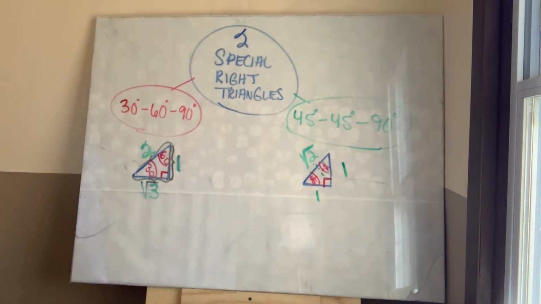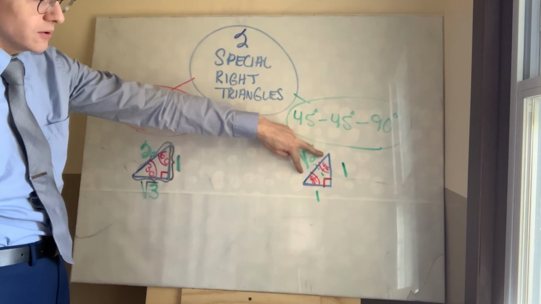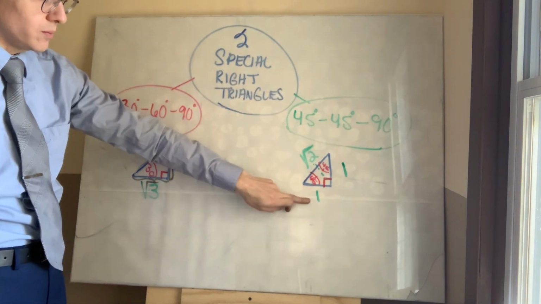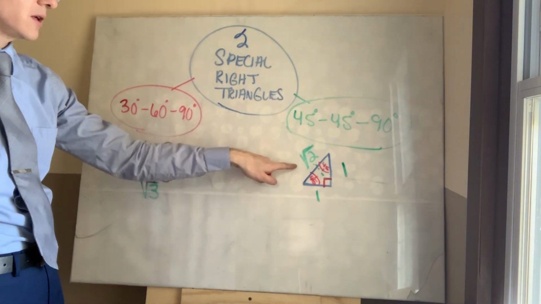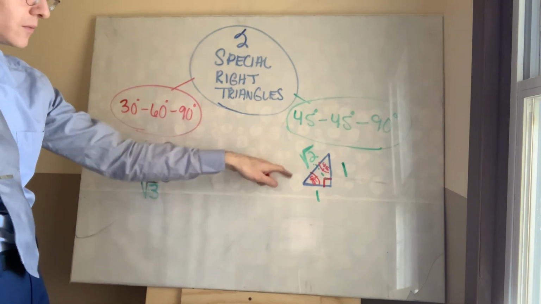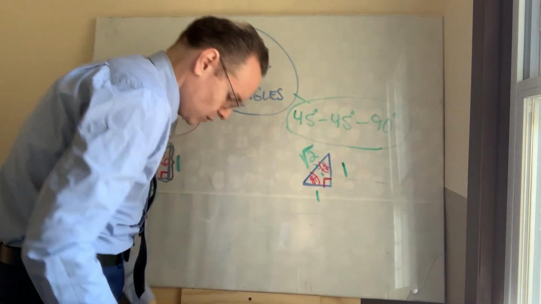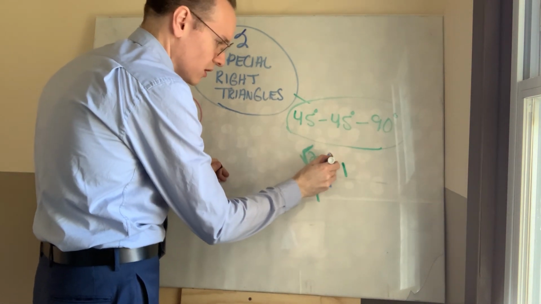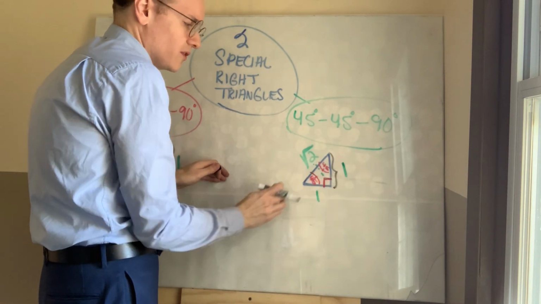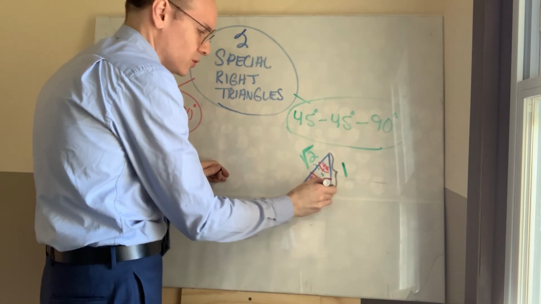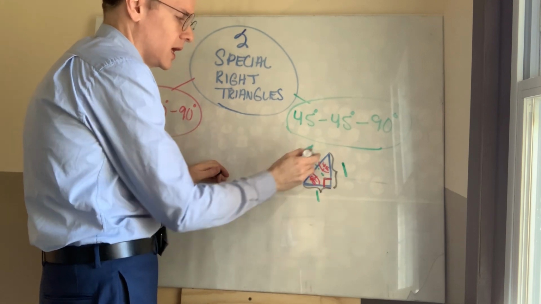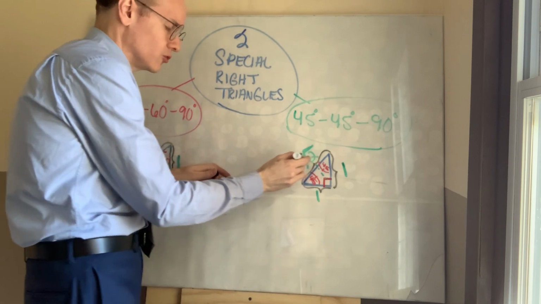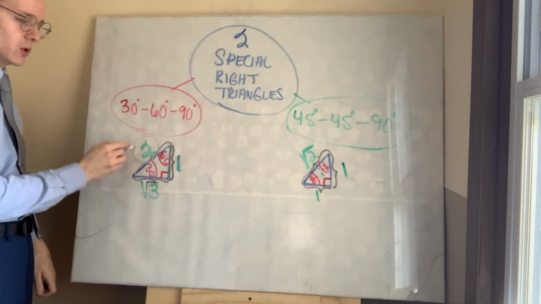Because of those identical angles, these are what the dimensions would be, 1 and 1 respectively, and the square root of 2. This one is, in theory, the easier one, because it's only two numbers that you have to memorize. Adjacent to 45 would be 1, adjacent to 45 would be 1, and the hypotenuse is the square root of 2 as opposed to the regular whole number 2.